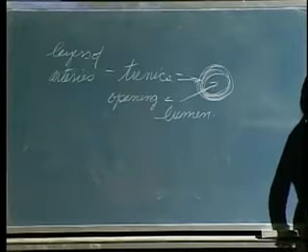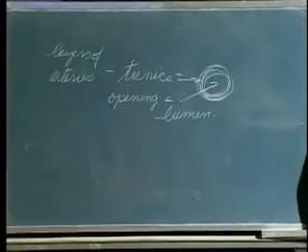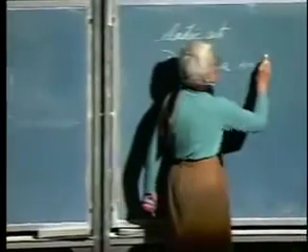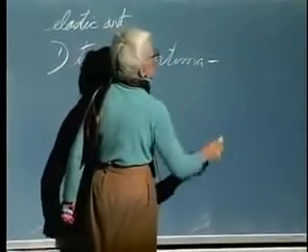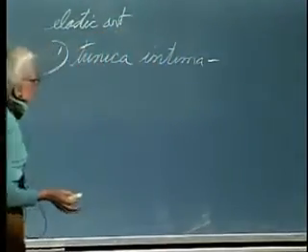We're going to start with the first one, which is the tunica intima. So this is inside next to the lumen.